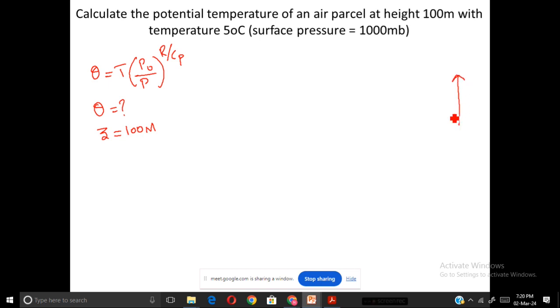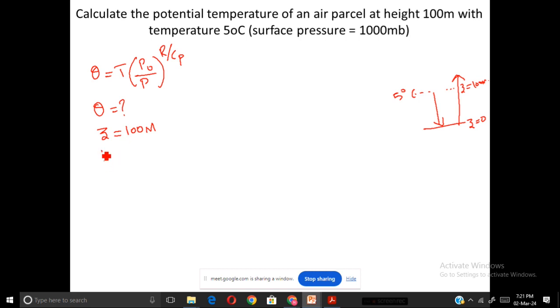This is the surface, Z is equal to 0. The air parcel is present at a height Z is equal to 100 meters, and the temperature of the parcel was 5 degrees Celsius at this height. Now we are going to bring down this parcel to the height Z is equal to 0, to the surface. We will find what will be the temperature at that level.